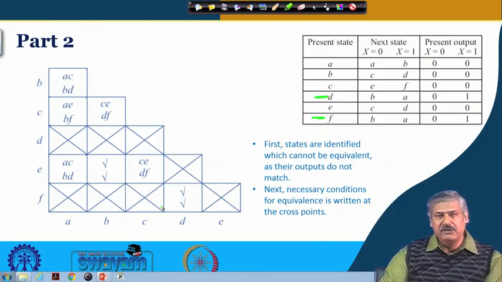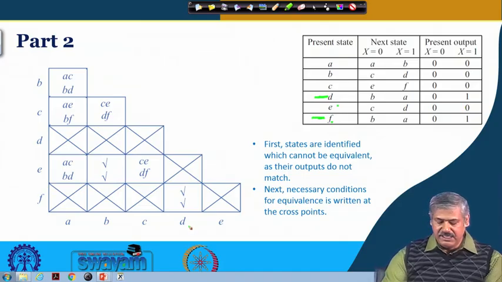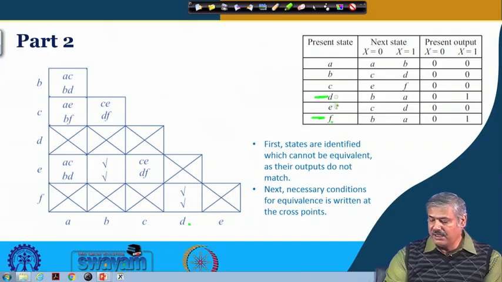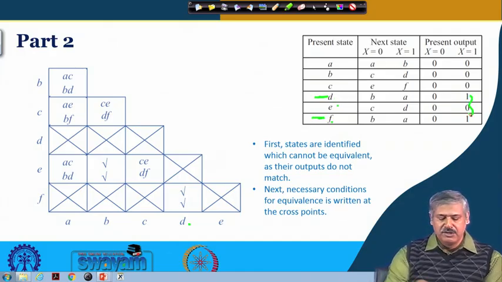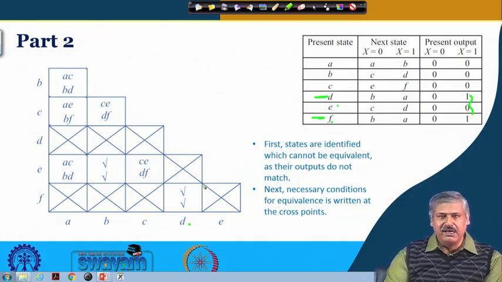F and C cannot be equivalent, right? F and E cannot be equivalent also, because the outputs are different. And D and E also cannot be equivalent, because the outputs are different. Is it fine? So this is the first thing that we find and note.